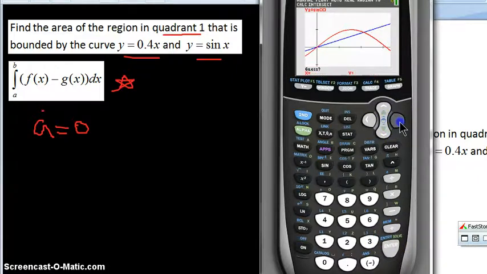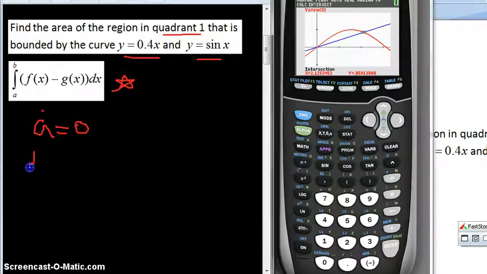My second curve is towards the right. Okay, that's close enough. And that intersection is approximately 2.125, and that is my B. My B is equal to 2.125.